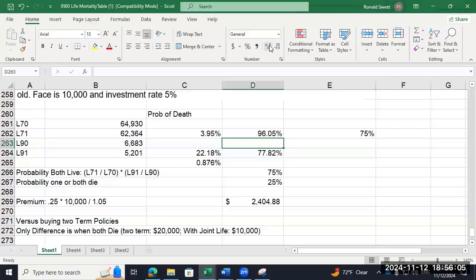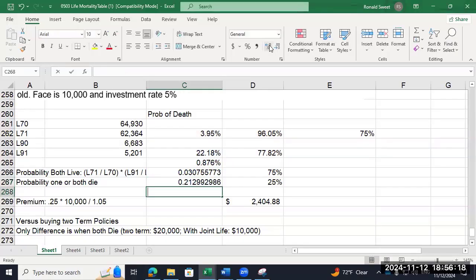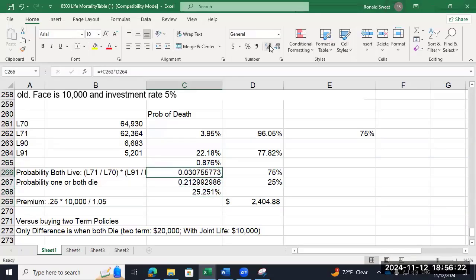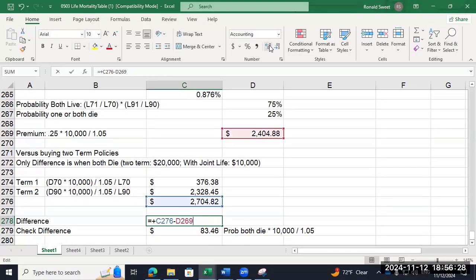Probability that she dies but he lives, probability that he dies and she lives, either way, we add those up. We should get the 25%, and we do. So I'm not real sure. Probably this formula down here is the issue.